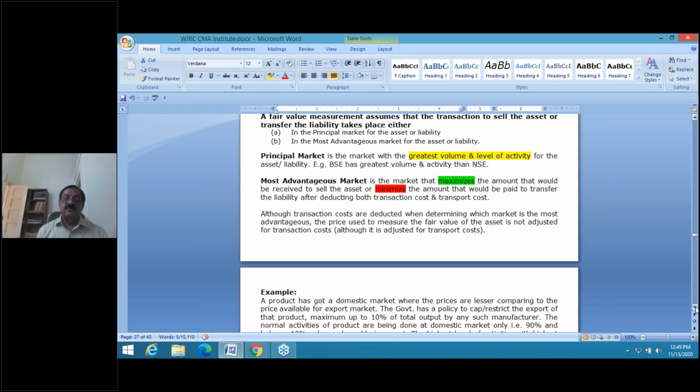The price used to measure the fair value of the asset is not adjusted for transaction cost, although it is adjusted for transport cost. So for the principal and most advantageous market, you will deduct both transaction cost as well as transportation cost. In case of the most advantageous market, you will find the highest, and then from that highest you will add back your transaction cost to get your fair value.